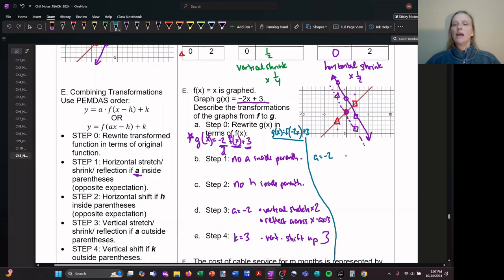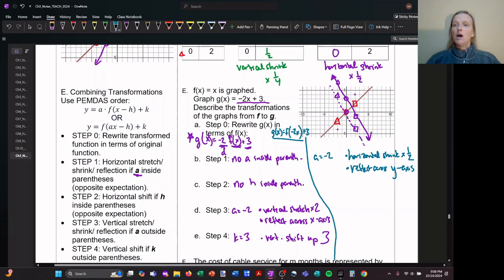And so we're going to have a horizontal shrink times 1/2 and a reflection across the y-axis, a horizontal reflection.